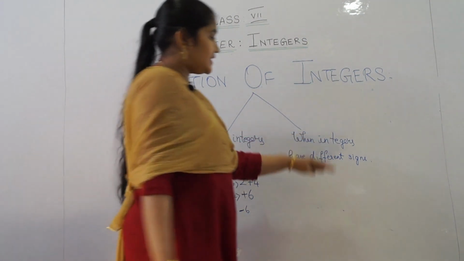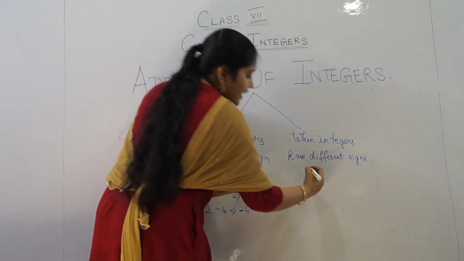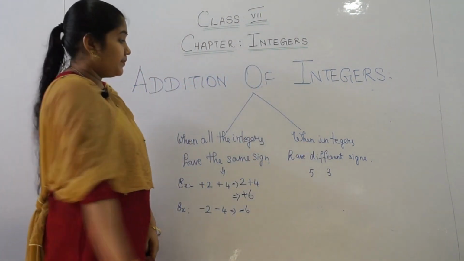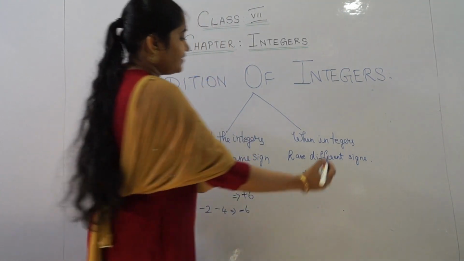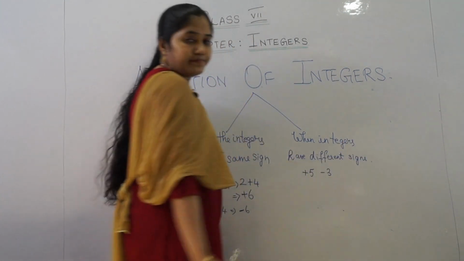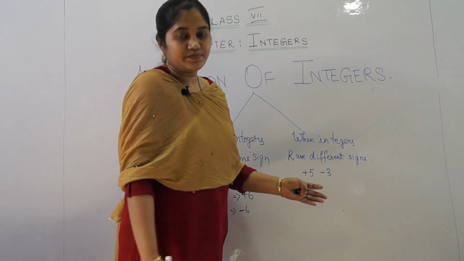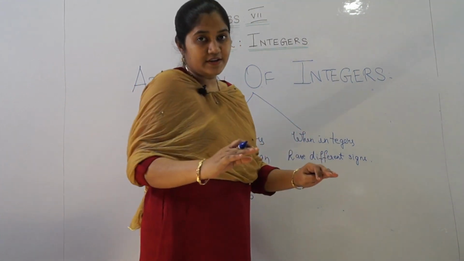Okay, so the second type is when integers have different signs. Now suppose I have the numbers 5 and 3. 5 is assigned a positive sign and 3 is assigned a negative sign. So now these two integers have different signs. What should I do? Now I am not going to add the integers.